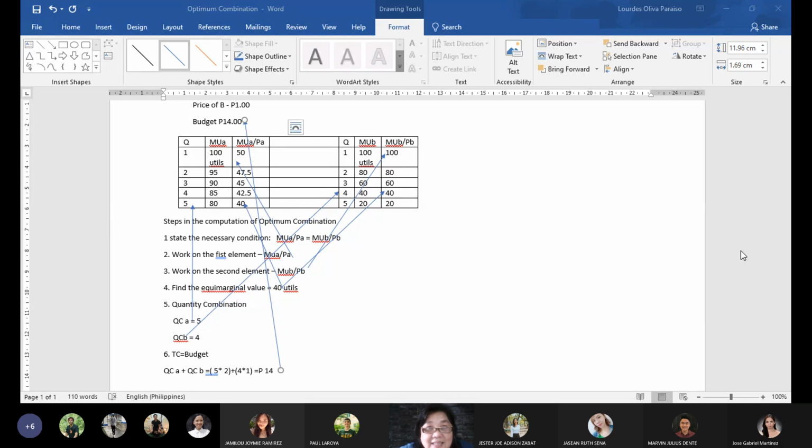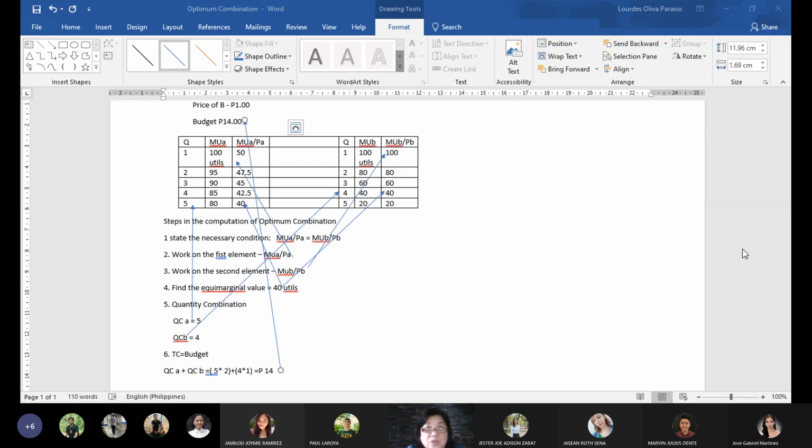It doesn't end there. That is a very simple representation of your optimum combination. The quandary actually is when you have two sets of equimarginal value. And when you have that, you have to understand that you have two different sets of budget as well.